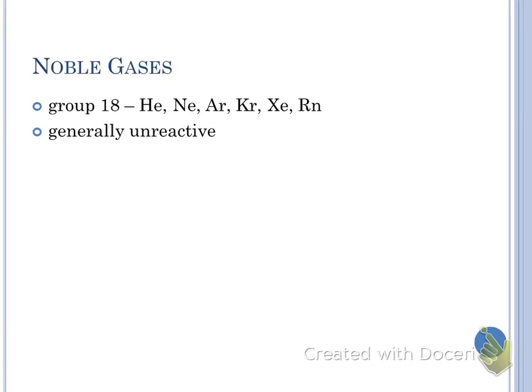Okay, super unreactive. Can you take a guess as to why they're unreactive? They already have 8 electrons, right? Their life's complete. They don't need nobody else, okay? They got enough. They don't need anything else, okay? So these are the non-social butterflies of the periodic table, okay?